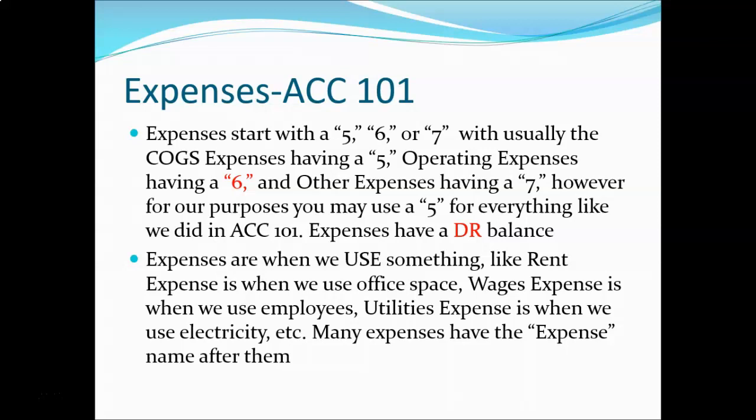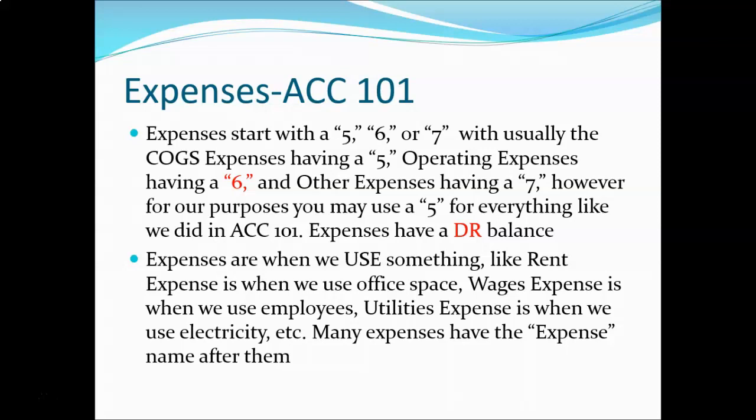Expenses, so these operating expenses all have a debit balance. Expenses are when we use something: rent expense, when we use office space; wages expense, when we use employees; utilities expense, when we use electricity, okay?